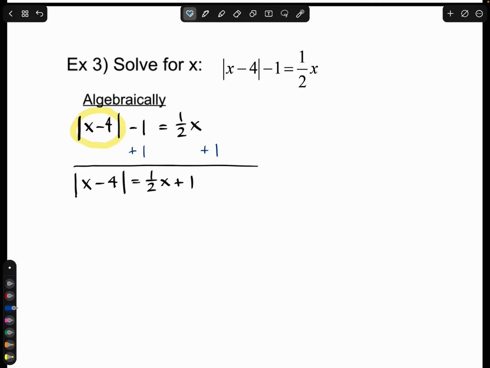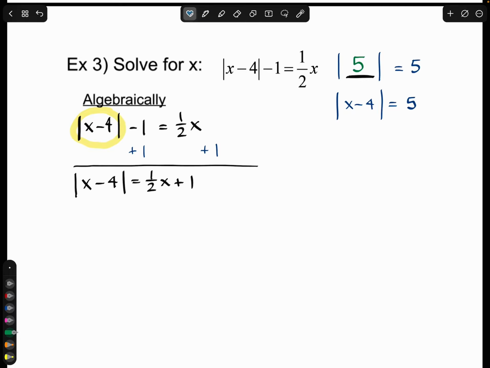Okay, and then when we think about it, I'm going to do a little side note over here. When we do something like the absolute value of x minus 4, let's just set it equal to, say, 5. Remember, when the absolute value of something is equal to a number, the number that we end up with inside of here has to make the statement true.